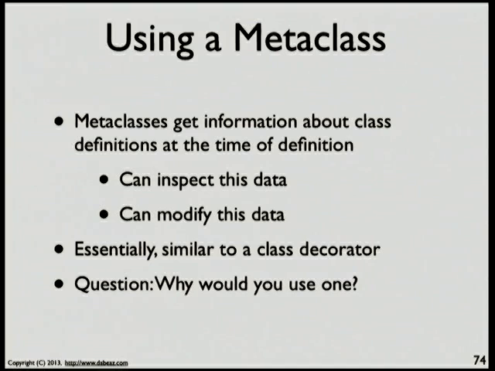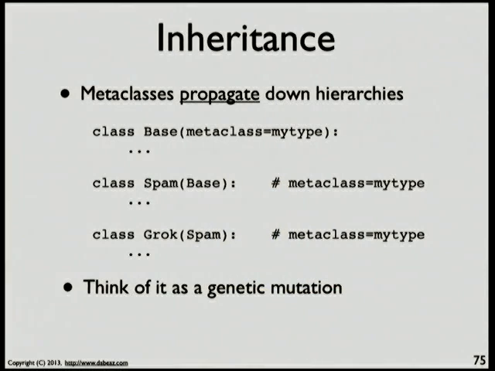Now, one of the questions that comes up is, why would you use this metaclass stuff? In the Python world, metaclasses have a reputation of being sort of insane, like the killer joke in the Monty Python skit, where if you hear the joke, you die instantly. Really, the key thing with metaclasses is that they propagate through inheritance.